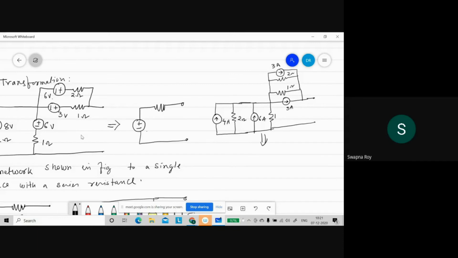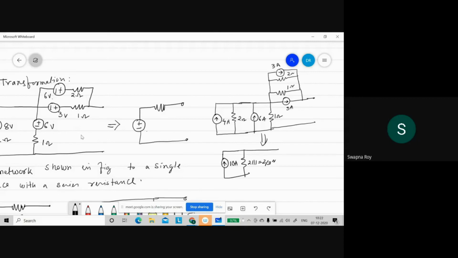Now the next diagram will be, we can say this is 6 ampere, 4 ampere, in the upward direction, so it will be 10 ampere. The equivalent resistance is 2 ohms parallel 1 ohm. So 2 parallel 1 is equal to 2 into 1 by 2 plus 1, so 2 by 3 ohm.